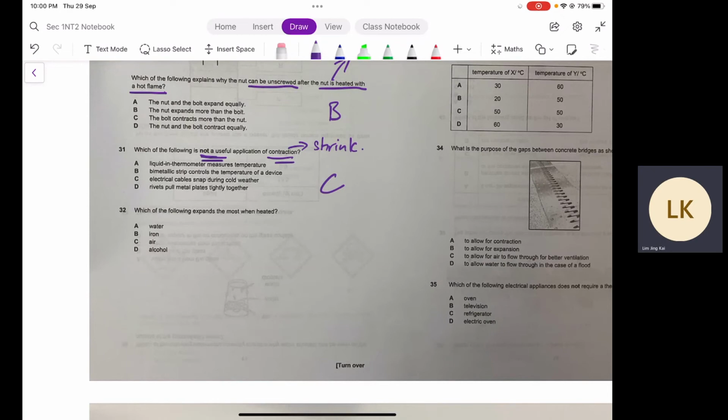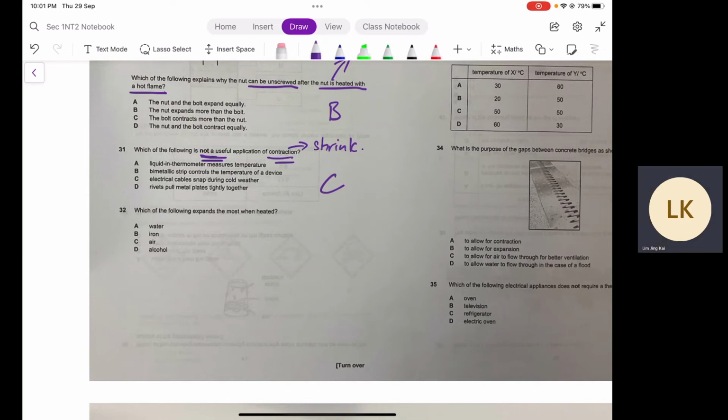Because if electrical cables snap during cold weather, it means that every time it's cold, the wire would snap, that means break. Do you want the wire to always break during cold weather? Of course not, because if that happens all the time, then we have an issue. All the electrical equipment will stop working, and it causes a lot of problems during cold weather.